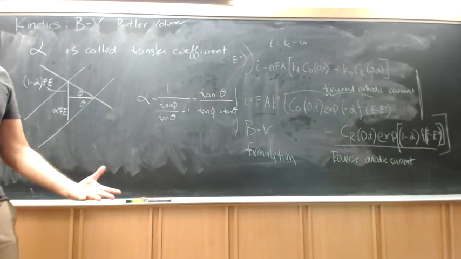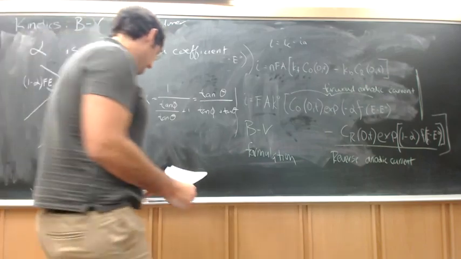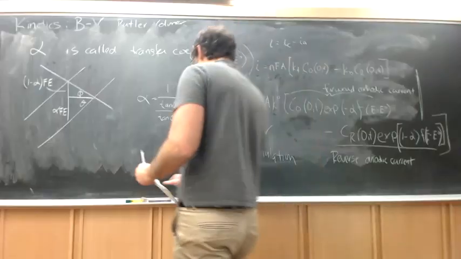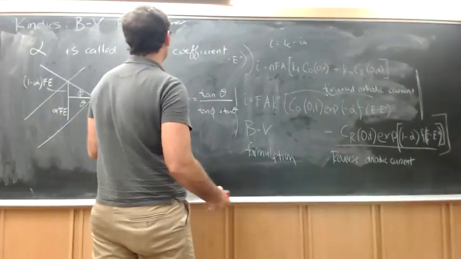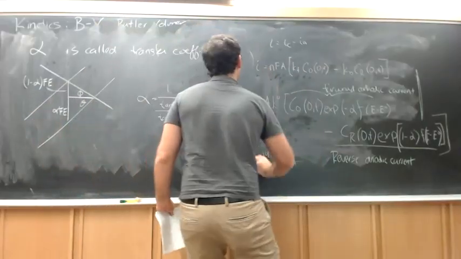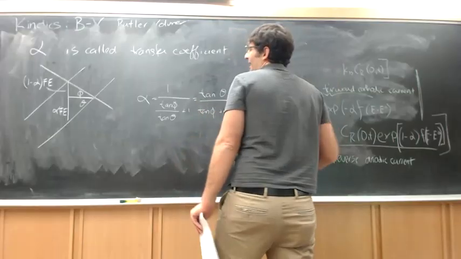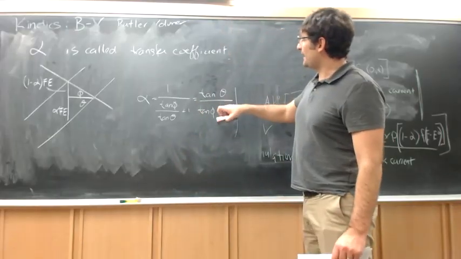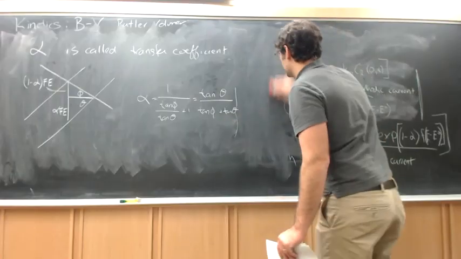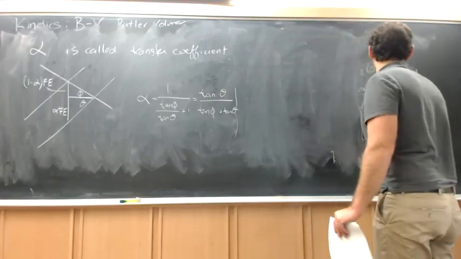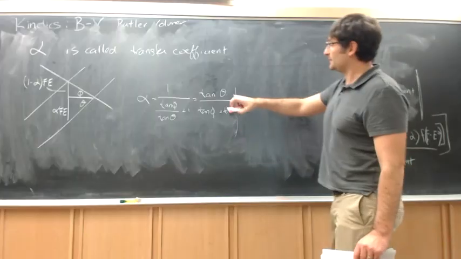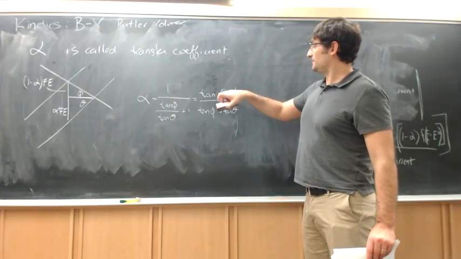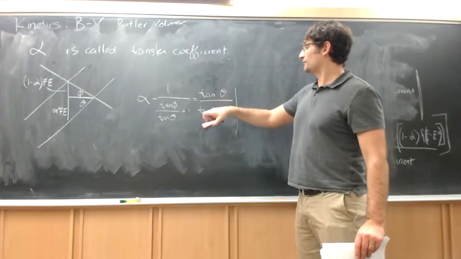So let's do some examples and talk about how alpha can influence things. What electrochemists usually do, because it's easy, is we just say alpha is probably about 1/2. And so what does that mean? If alpha is 1/2, what does that tell you about the angles from that equation? Yeah, equal. They are equal, right? Because if theta equals phi, this is going to be 1/2, obviously, because it's like x over 2x.